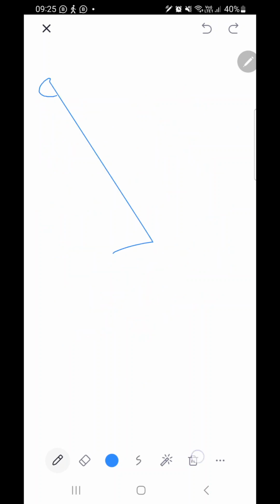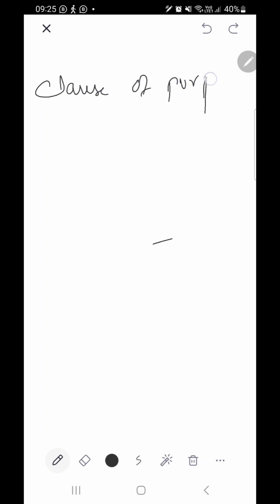The next clause is clause of purpose. In terms of clause of purpose, we have something to express a certain action which has to be taken in the past, and why this action was needed and has to be taken in the future.